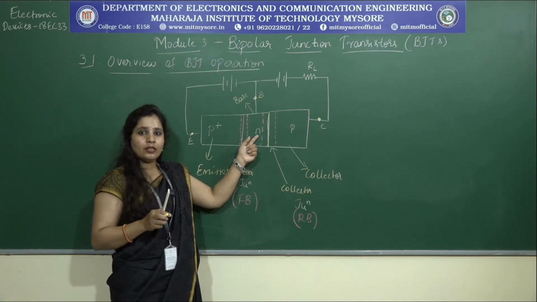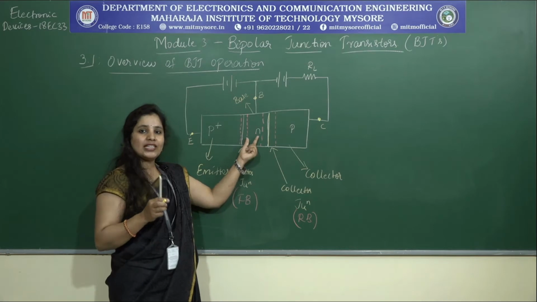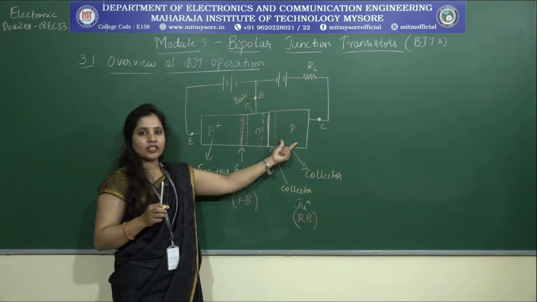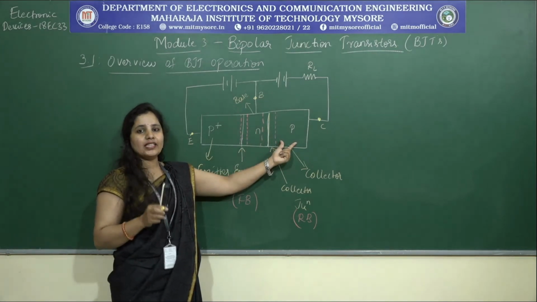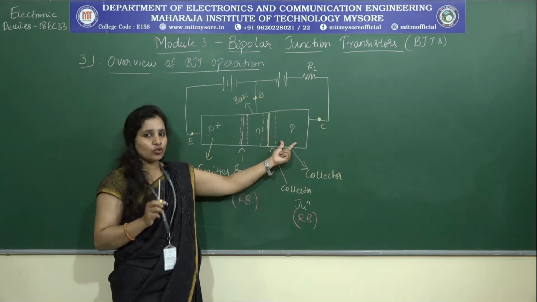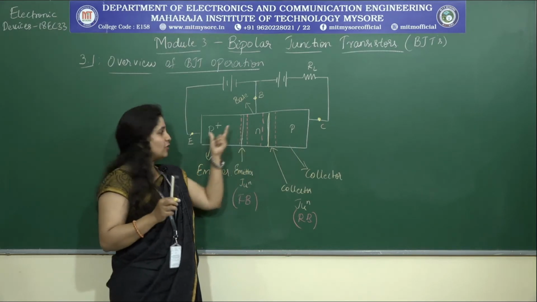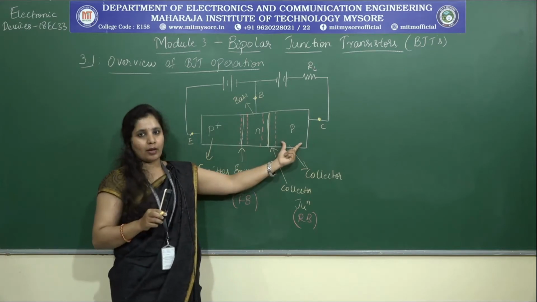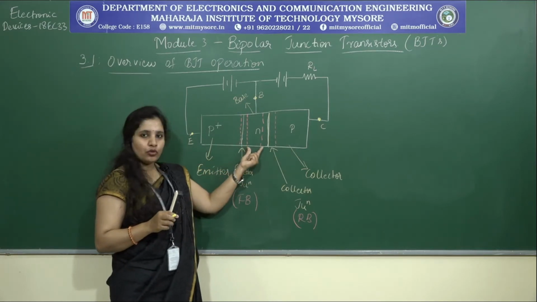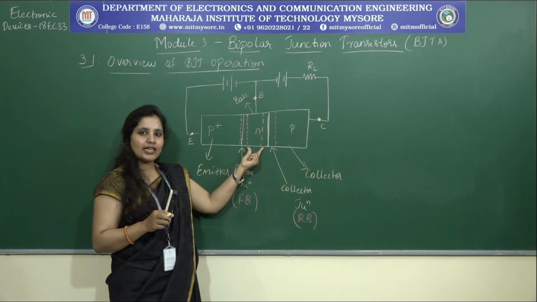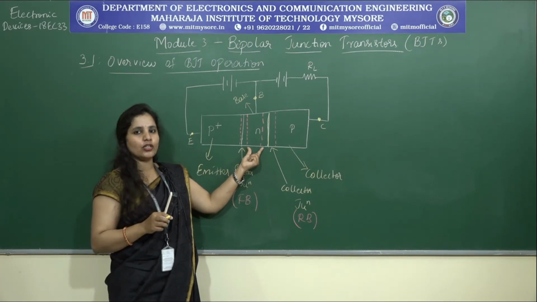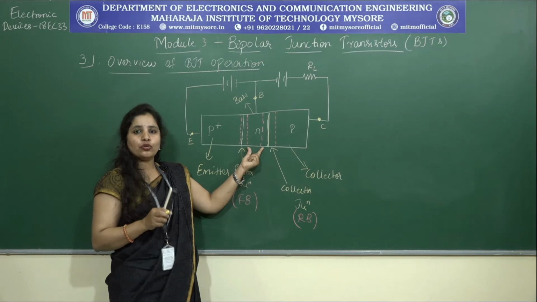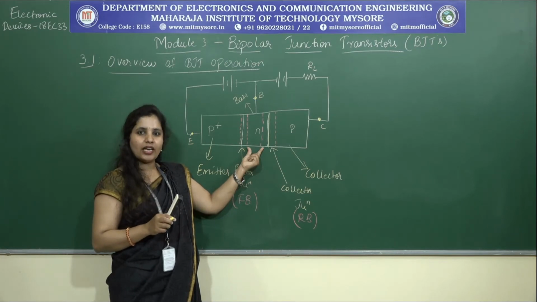So if that happens, the amount of holes getting injected into the P type gets reduced. Now, is it a good phenomenon? No, it is not. I want as many holes as there were in the P plus to reach the P type. That means I need to reduce the amount of recombination that is taking place in the N region. Now, how can I reduce the recombination in the N region?